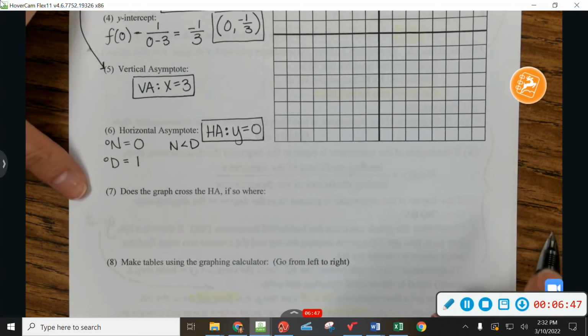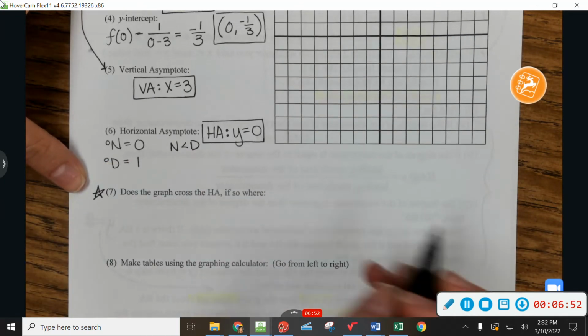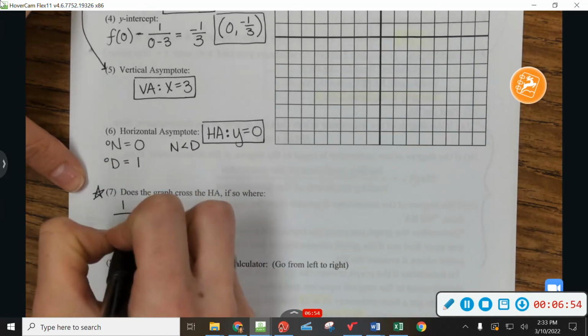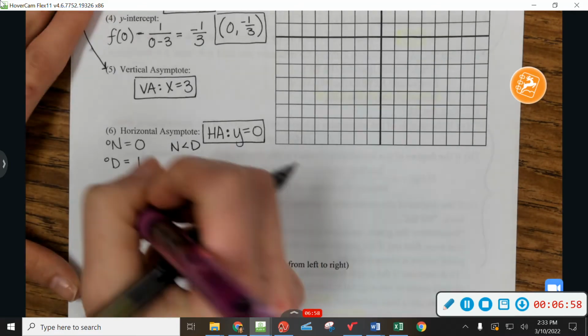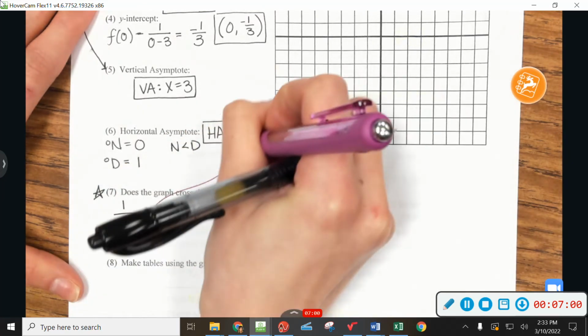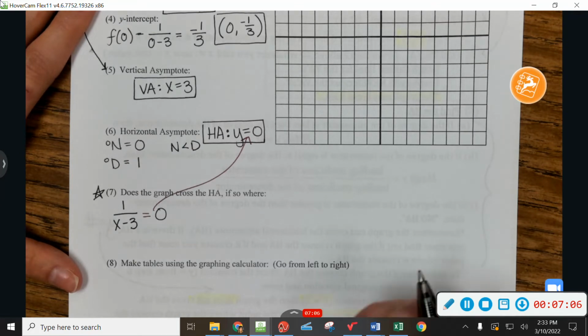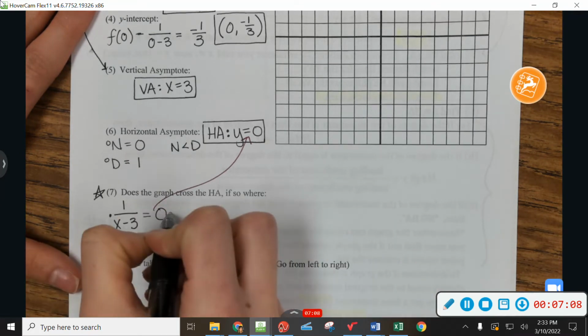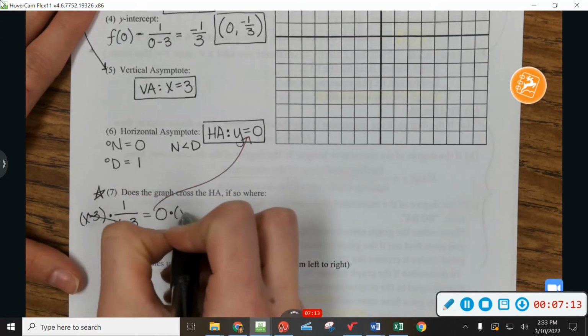Alright, does the graph cross the horizontal asymptote? This is new. Okay, so what we're going to do, we're going to take our original function, 1 over x minus 3, and we're going to set it equal to the value of our horizontal asymptote. So we're going to set it equal to 0. Well, to solve that, I have to multiply both sides by the denominator for that to cancel.